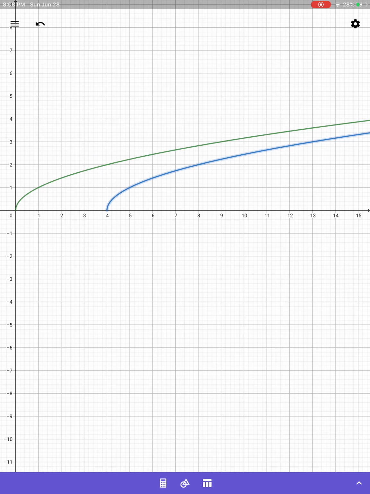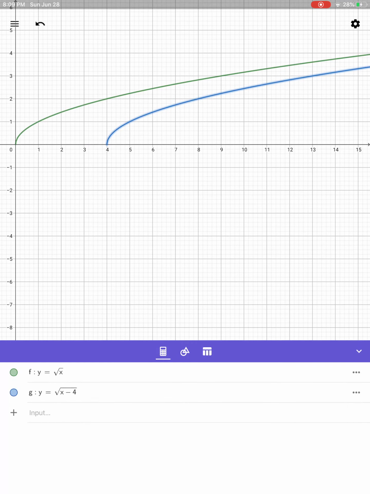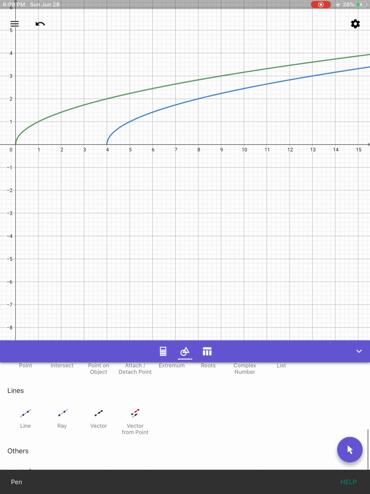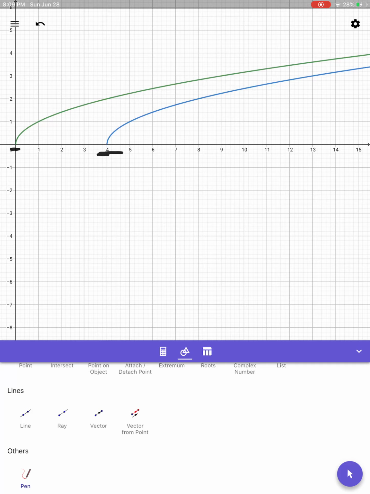So you are subtracting a constant from all the input values, and the graph is shifting towards the right. The green one is the original one, and there is a shift by 4 units of the original graph. So how do you do that?